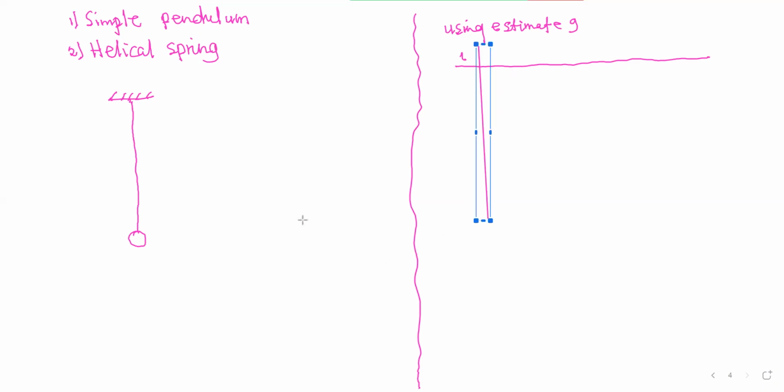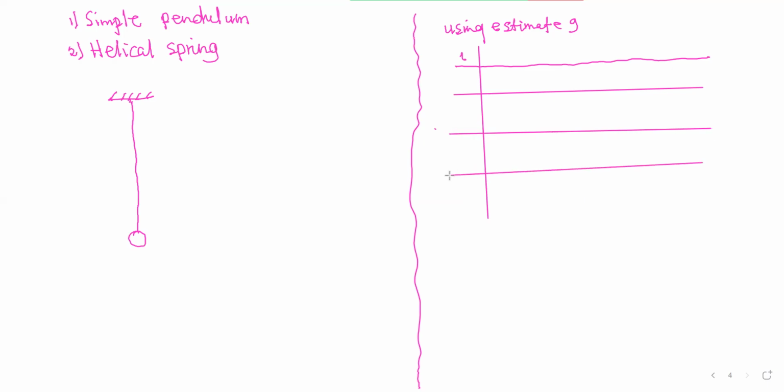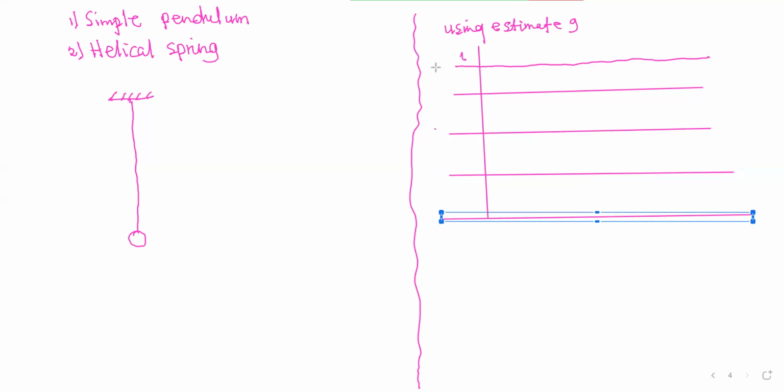Let's assume our values are in decreasing order. Let's just do a quick one for the sake of what we are doing, and then we move on. If it is in decreasing order, let's assume initially you begin with a 100 centimeter length of the string.